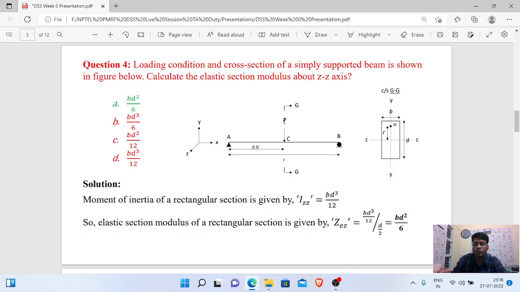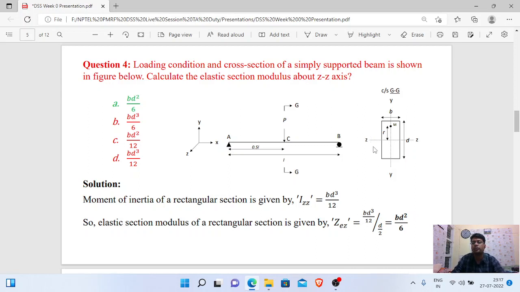Magnitude of this point load is P and it is acting at its center C, and this is the cross section of this beam which is shown here, which is having width B and depth D. So this is the ZZ axis, and the question is asking to find out the elastic section modulus about ZZ axis.